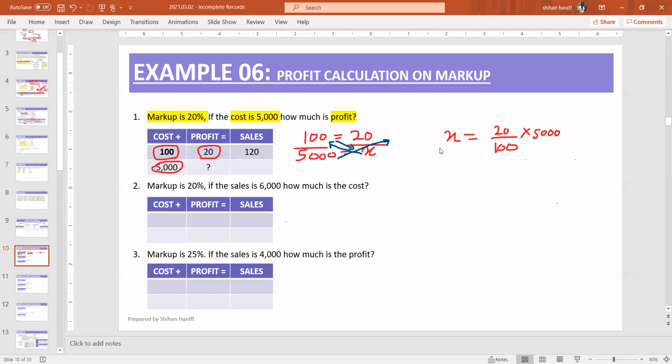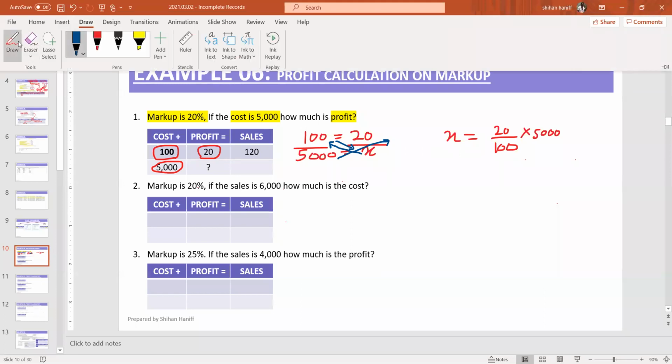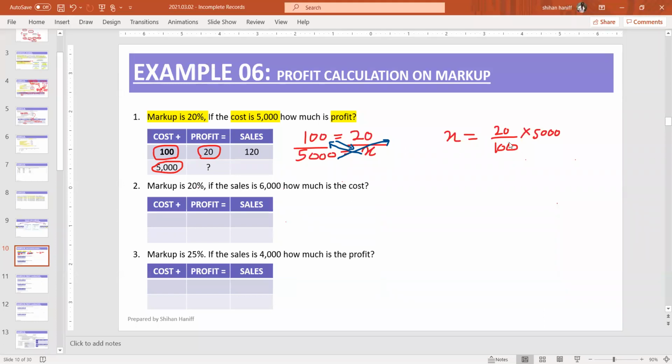Now if you solve this, you can get the answer. Profit is 1,000. So it's a simple calculation. 1,000 is the profit.